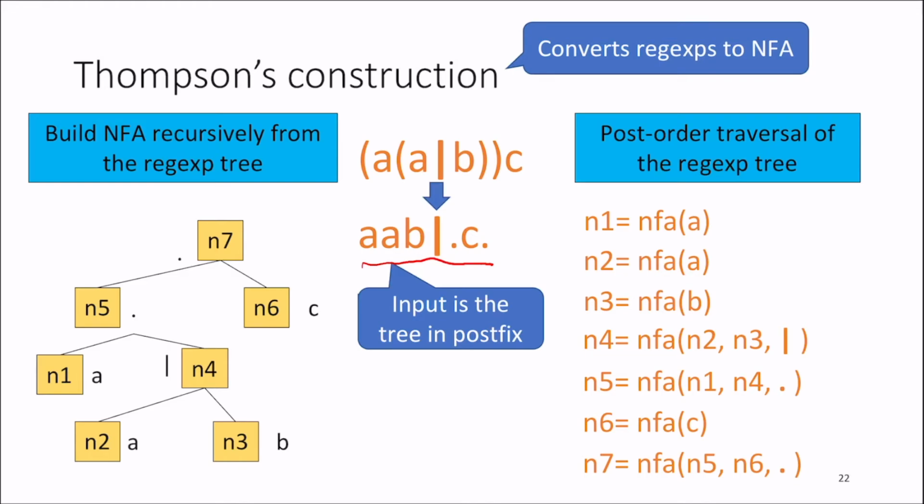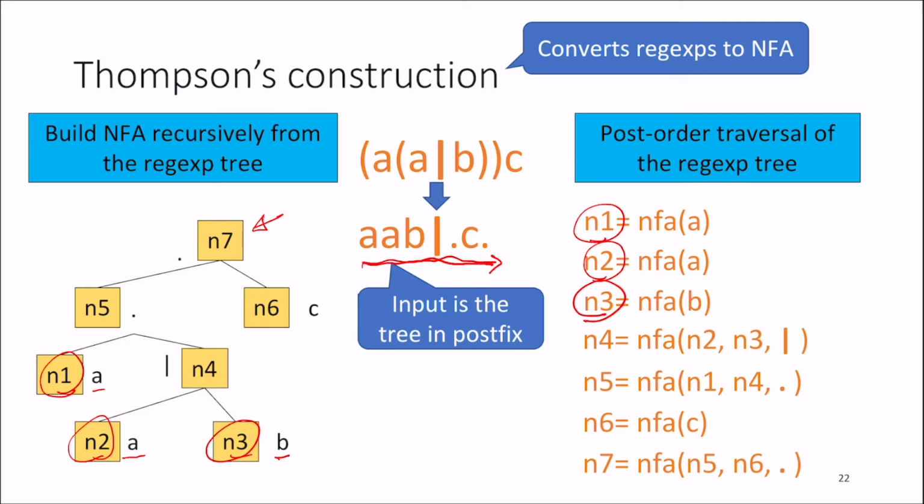Each node represents one NFA that can be created by going from left to right in this string in postfix order, right? So for example, N1 is the NFA for this input symbol A, N2 is the NFA for this symbol A here, and N3 is this one for B.